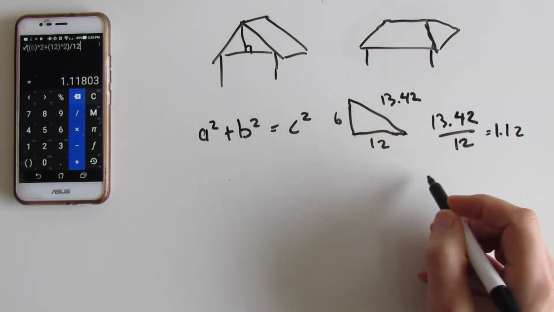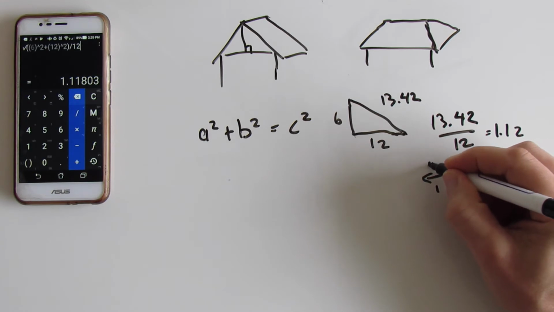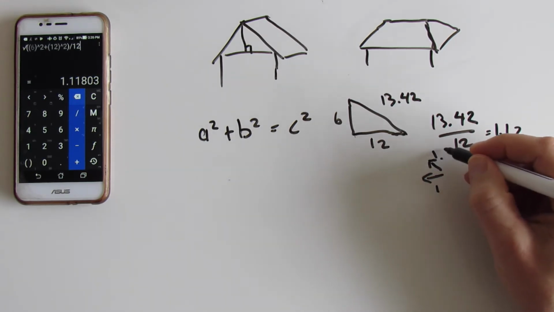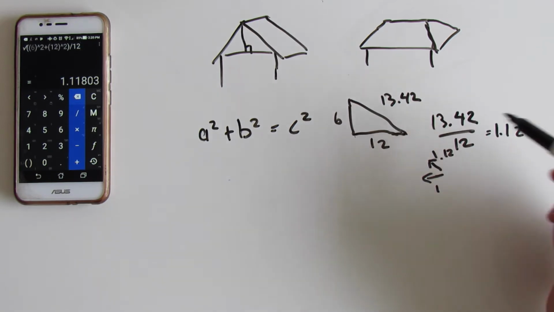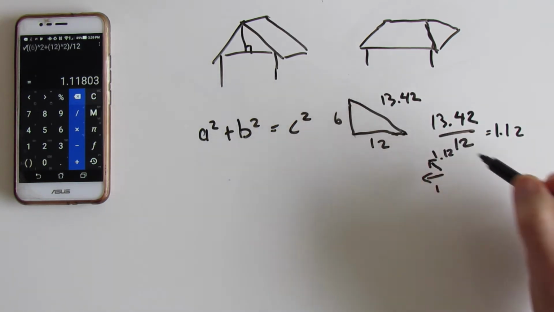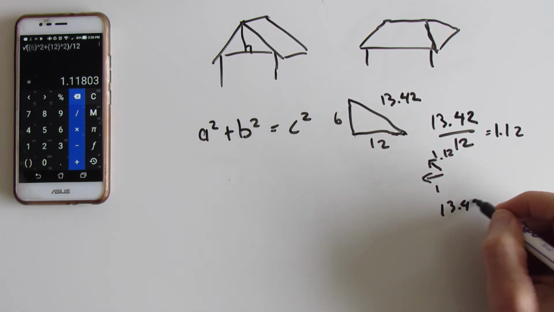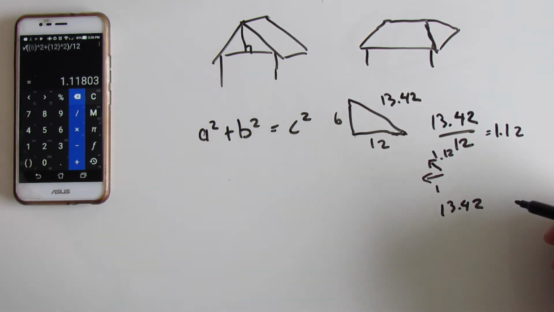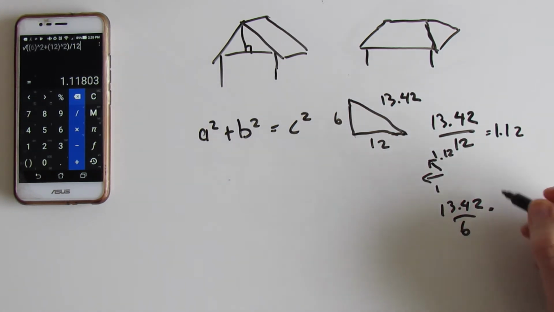So that means that for every 1 inch I go this way, I go up here 1.12, all right? So similarly, you could go the other direction and say we have 13.42 divided by 6. That'll give us just twice that because I chose an easy number to work with, so that would be 2.24.